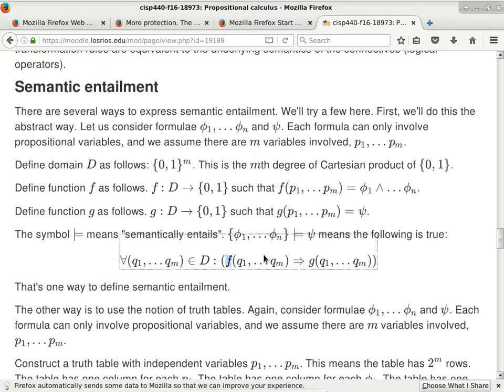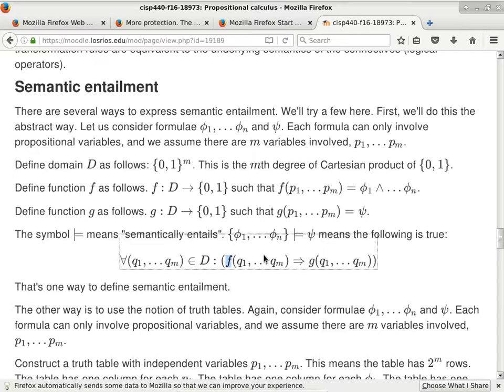Yes. So it works out for every single row, which means I can now claim that the set that contains P implies Q as one element, P as another element, that set of well-formed formulae semantically entails psi, and psi is just Q all by itself.